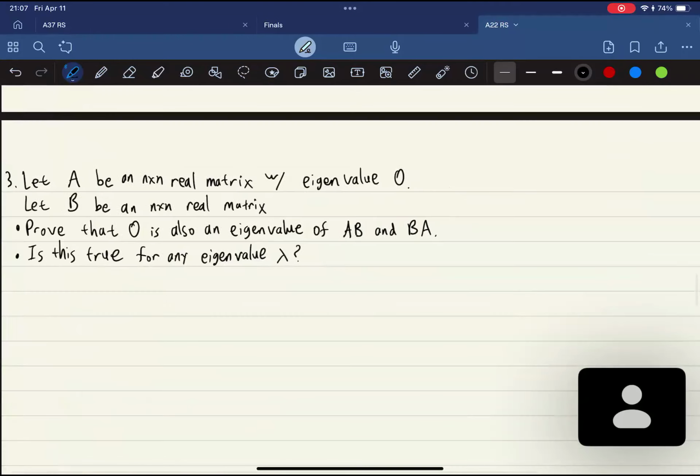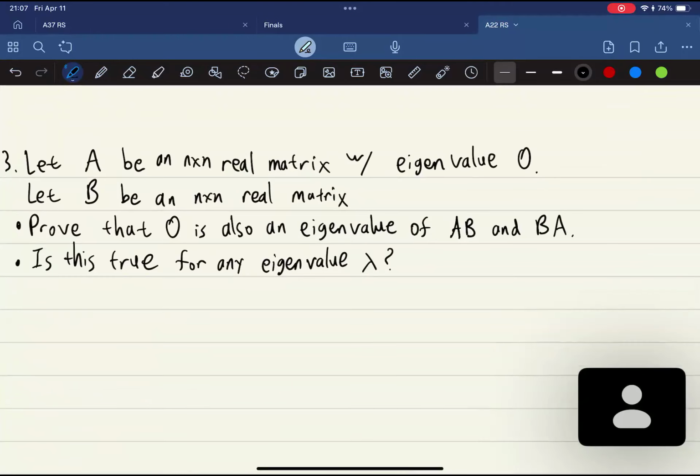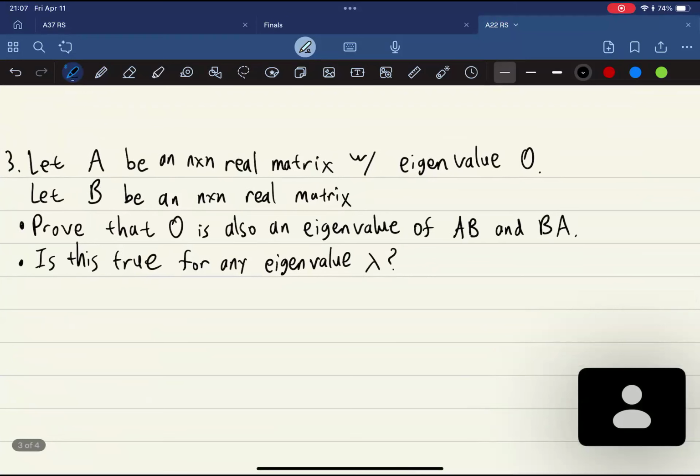The next: A is an n by n real matrix with eigenvalue 0, and B is just an arbitrary n by n matrix. The question is to prove that 0 is also an eigenvalue of AB and BA, and to prove or disprove that this is true for any eigenvalue lambda.